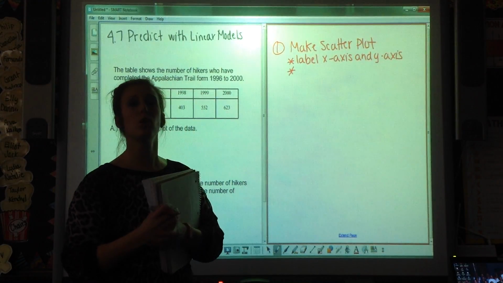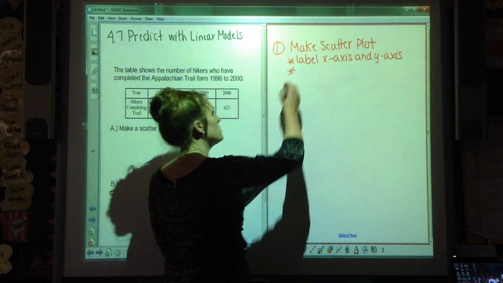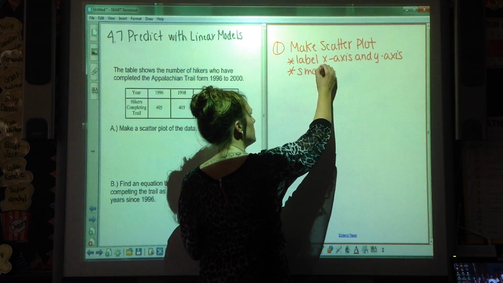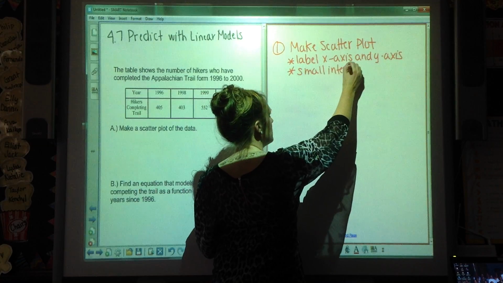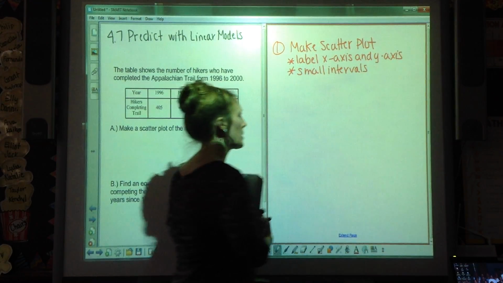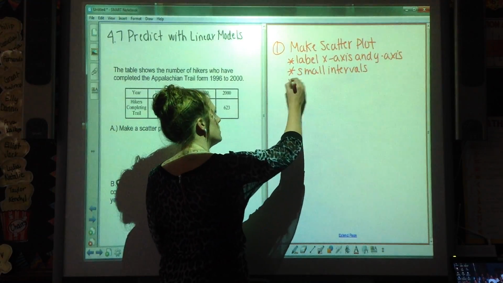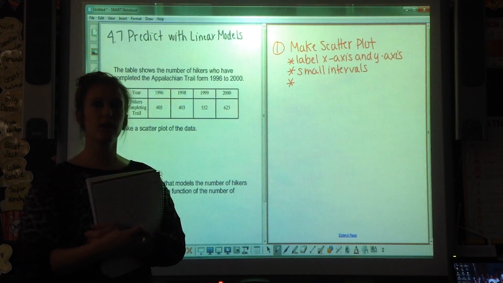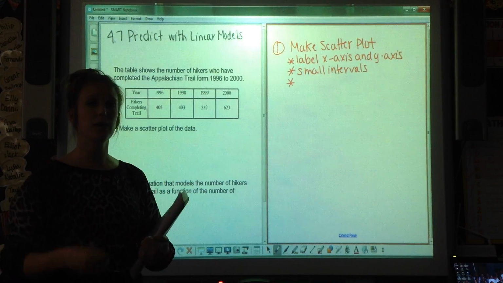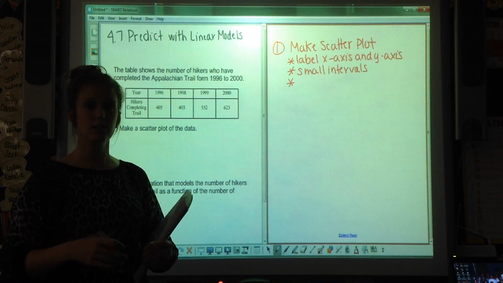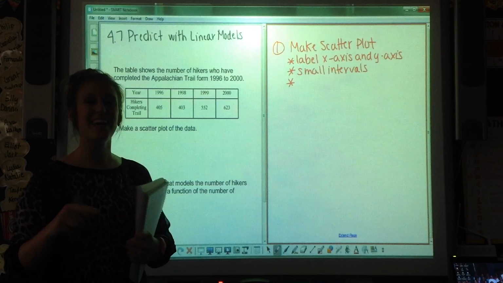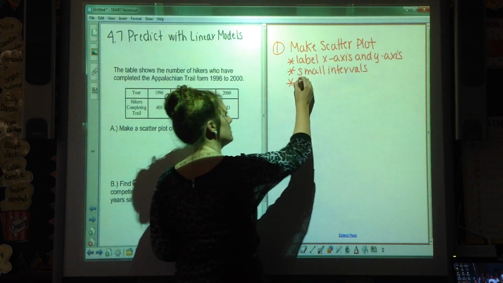You want your graph to be oh so precise, so use small intervals. This last step, your book's not going to tell you, but I'm going to tell you: to make writing an equation easier, you're going to want to plot and label your ordered pairs.